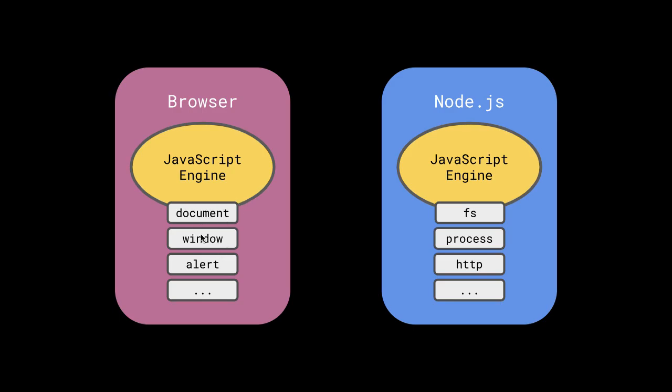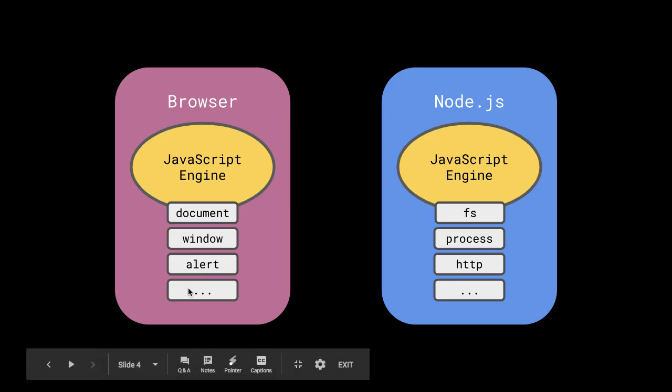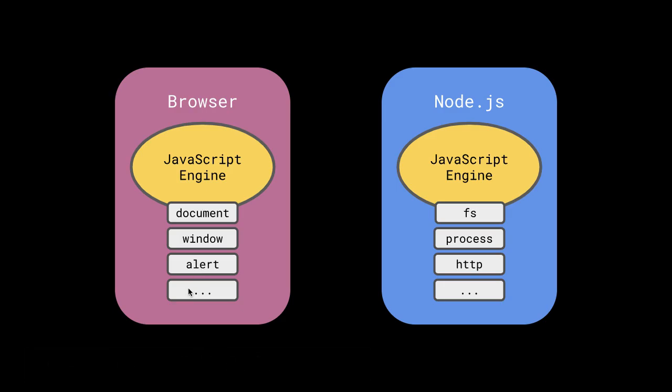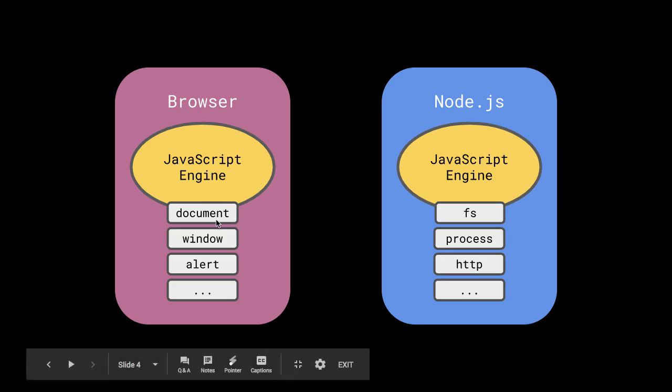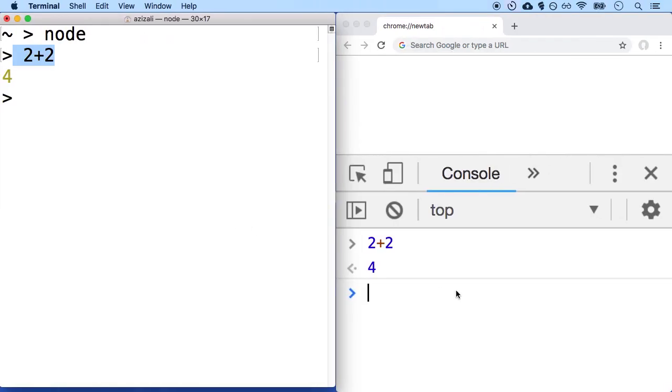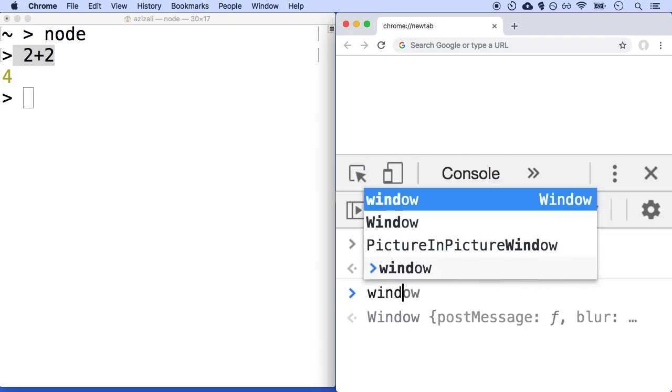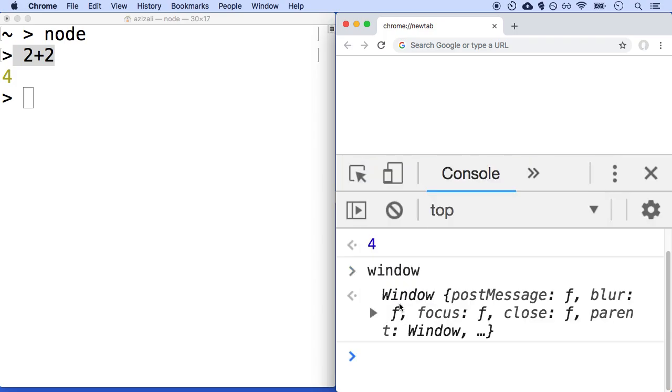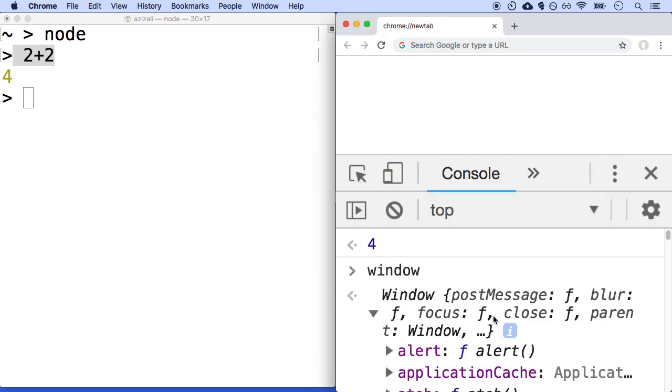We have the window object. We have the alert feature. We have so many different features that the browser has, and the JavaScript engine can interact and interface with those features. So for instance, if I come over here in my browser and type in window, something shows up, and we're going to learn more about it as we go along, but we have access to some kind of window object.